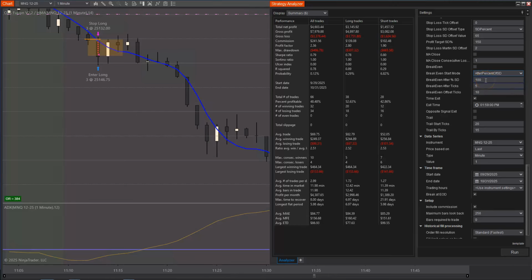So you could say if you have a 150% target, you could say at 100% of an SD, move the stop to break even, and I want to secure 15 ticks of profit no matter what, or whatever. Or you could do after ticks. And then you can also do an auto trail. You can click trail here, and you can say trail start at 50 ticks and then trail by 10 ticks. So you could have both of those engaged at the same time. But for all of my backtesting, I never engage both of those because it will make the backtesting not as accurate.